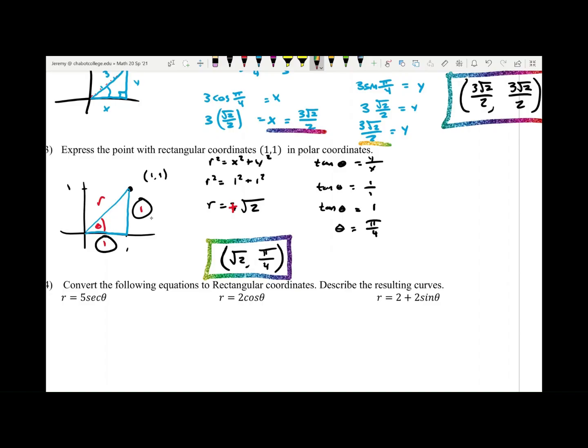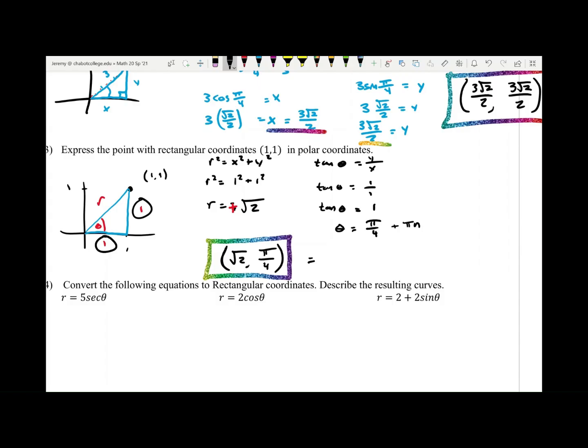So a quick note, remember there was this point in solving for r where r was equal to plus or minus root 2. And I said I was going to pick the positive one because I wanted my theta to be in the first quadrant. But it turns out that I also could have represented this another way. Another solution to tangent of theta equals 1 is theta equals pi over 4 plus pi n, right?